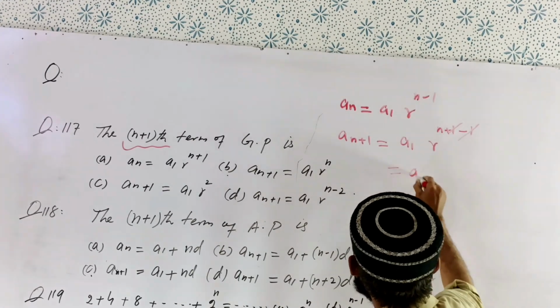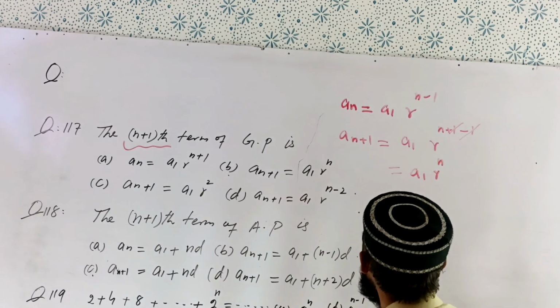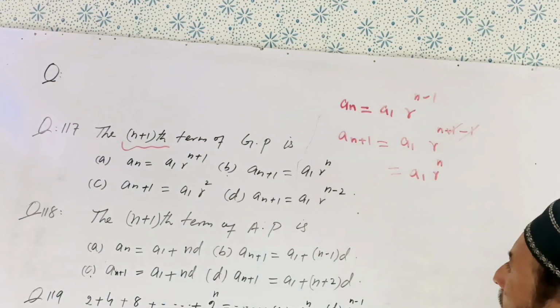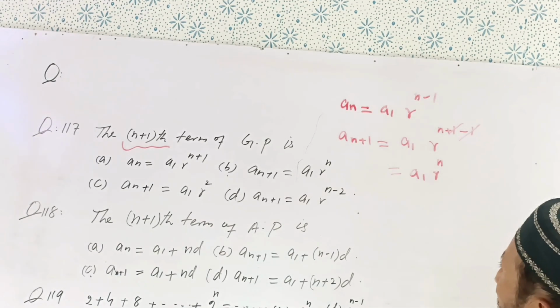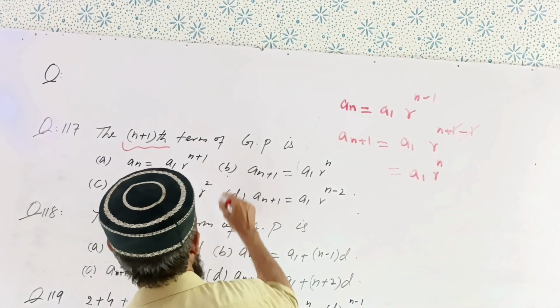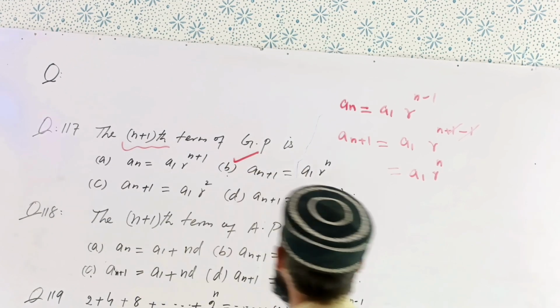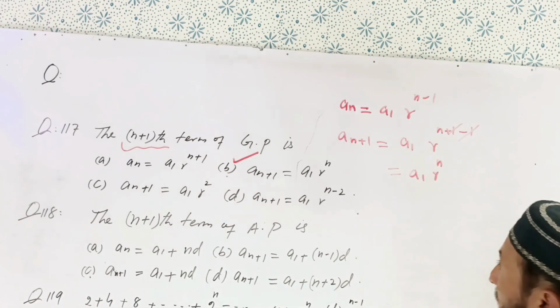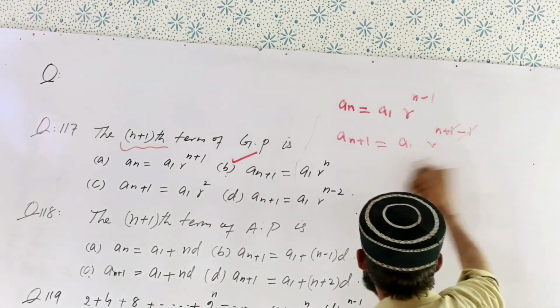We get a1 r to the power n. So the correct option we check here for the (n plus 1)th term is option B, in the case of geometric progression.